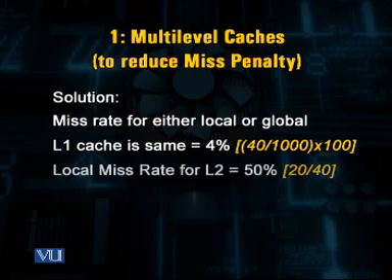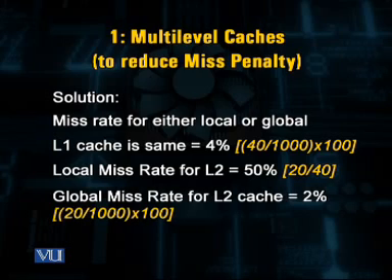Whereas the local miss rate for level 2 cache is equal to 20 divided by 40, which is 50%. Whereas the global miss rate for level 2 cache is equal to 2%, which is determined as 20 divided by 1000 multiplied by 100.